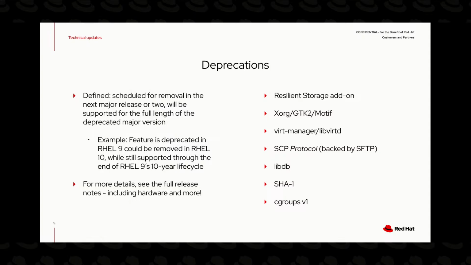So let's say that you're using Resilient Storage Add-on today. Are you freaking out? Maybe, but you don't need to, because while we say we don't want to do it anymore, deprecations are often executed on the next major release of RHEL. But that software is already included in RHEL today.